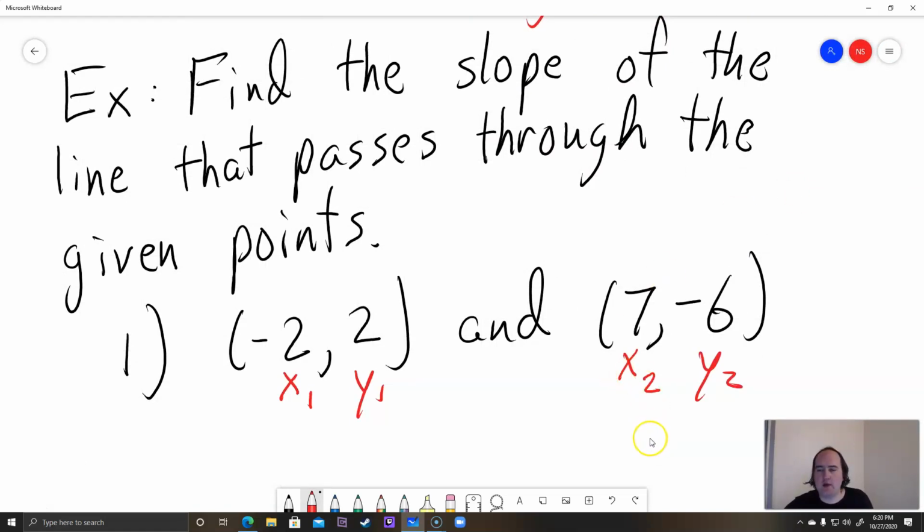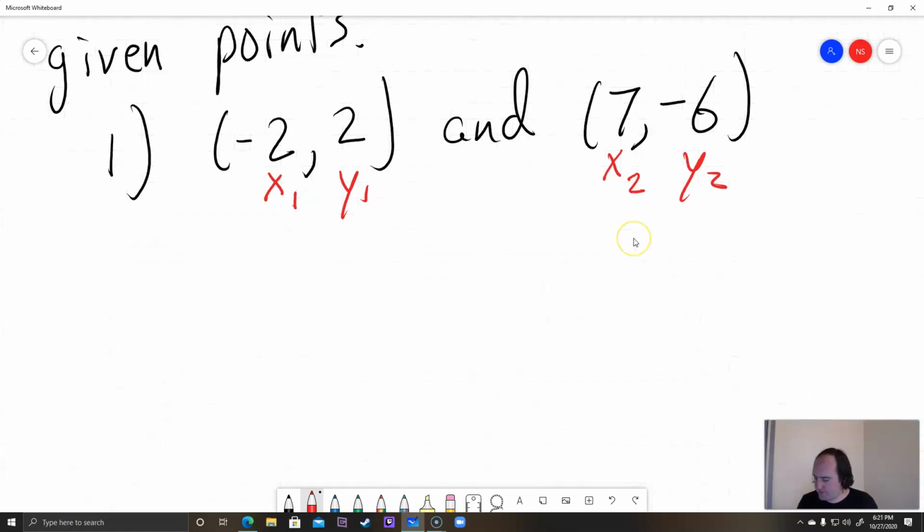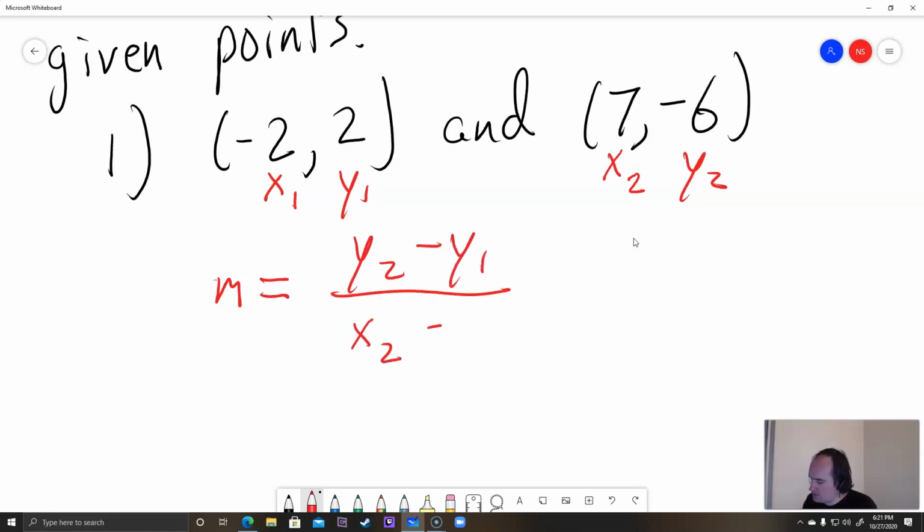Then I'm going to write down the formula: m equals y2 minus y1 over x2 minus x1. Now we can plug everything in. We can see that y2 is negative 6 and y1 is positive 2.